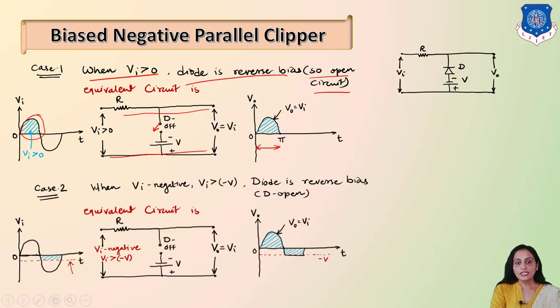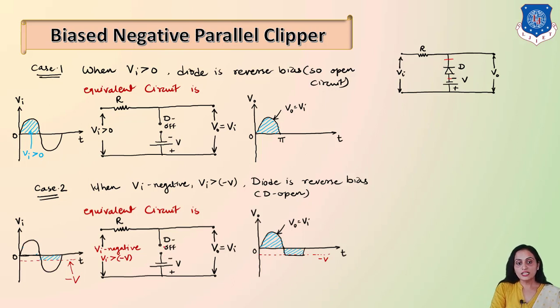Now when the input is negative but greater than minus V, that means this particular terminal voltage, as I explained in the previous slide, is greater than this voltage, so we can say the diode is off.